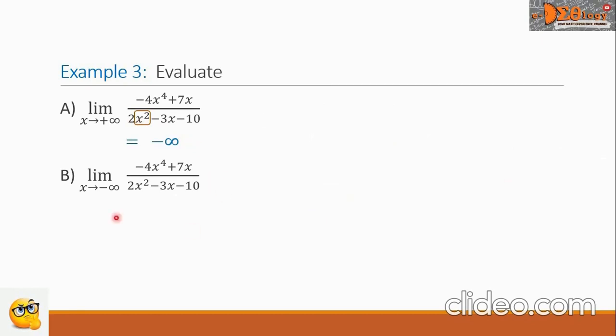Now let us solve for problem B. We can observe a while ago the functions are similar except that problem B is approaching negative infinity. So we will follow a similar pattern of solution. So the first step is to divide each term of the numerator and denominator by the highest power of the denominator.